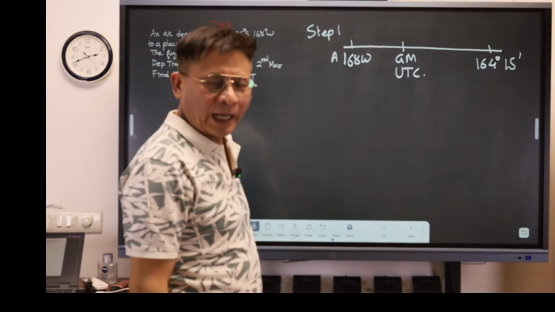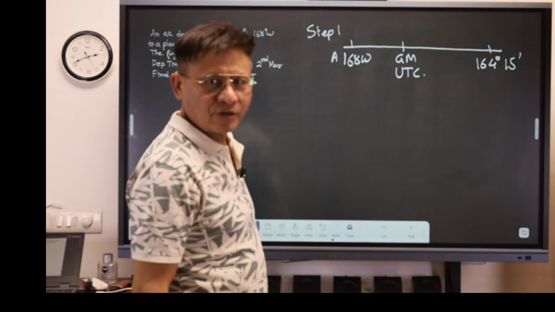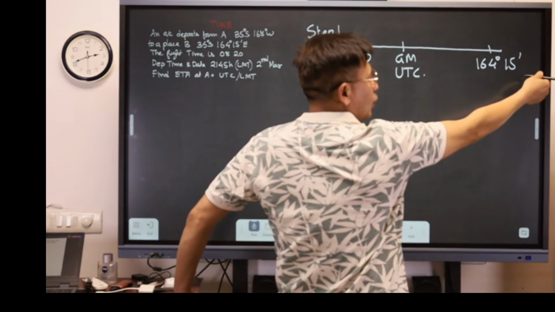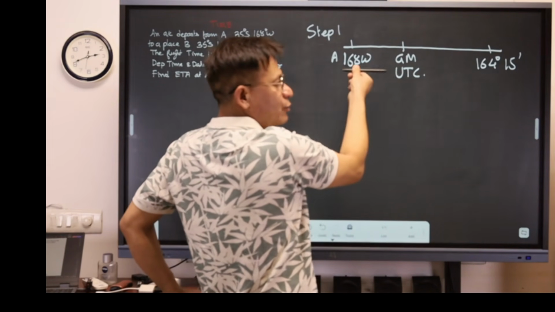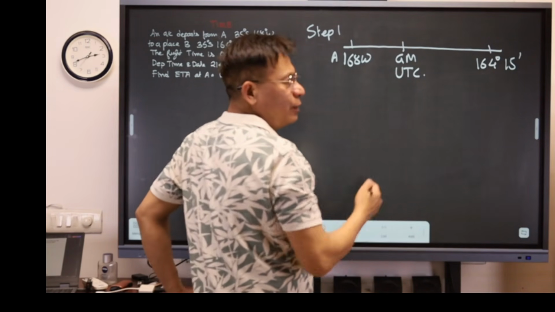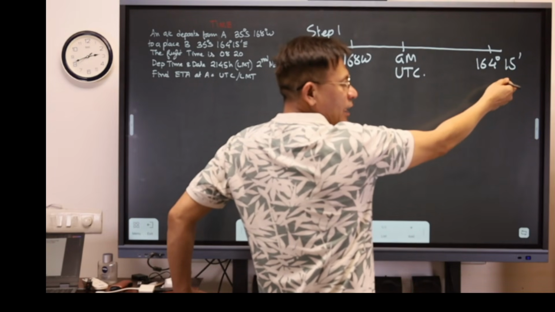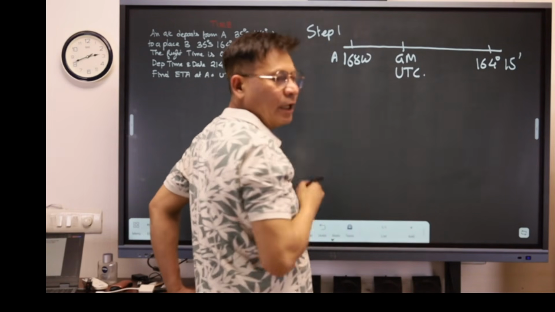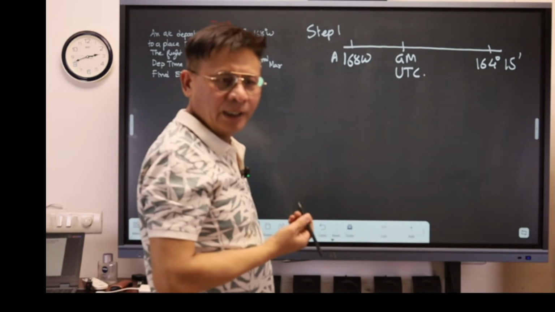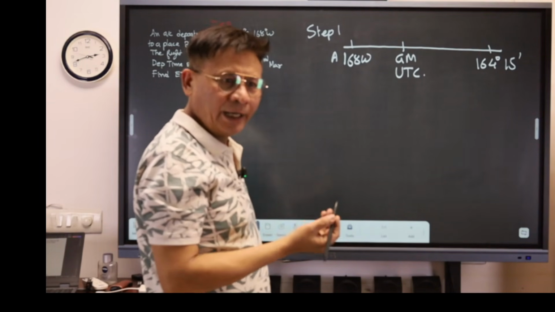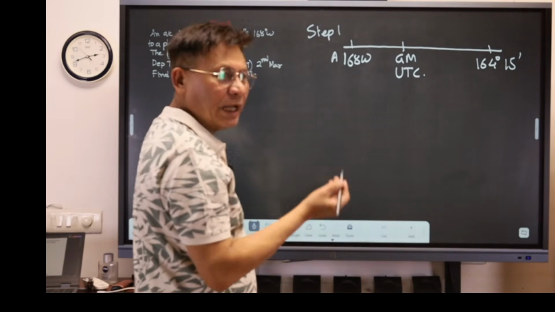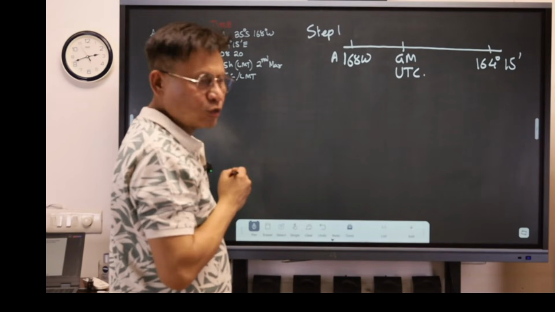As you know, the sun rises from the east, so the sun follows the path from east to west. What I'm talking about is the apparent motion of the sun. So the time in the eastern side is going to be ahead of the time in the western side. In the east the sunrise is early, so their local mean time will be ahead of those places which are in the westerly direction. We'll have to keep this in mind when we solve this problem.